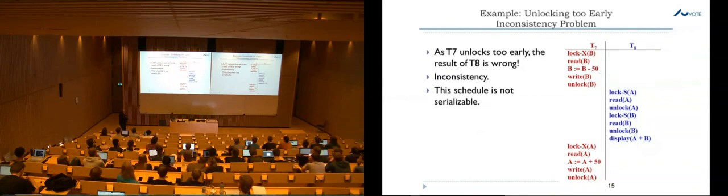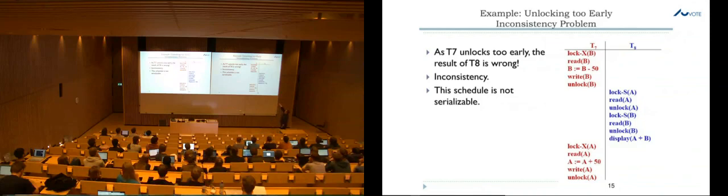And you would like the effect of these two transactions to be serializable. Well, actually, if you look at it, it's a situation similar to what we had before. Well, in fact, things here are not that good. So transaction 8 reads both A and B. It's just a transaction that has to read those two values and display their sum.